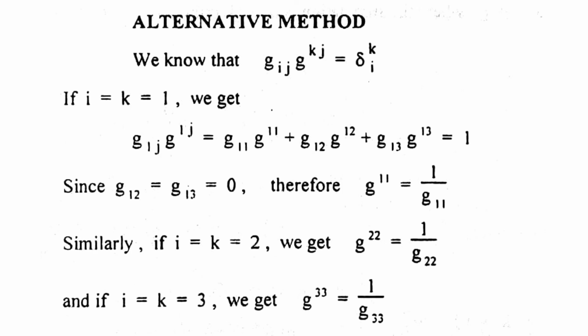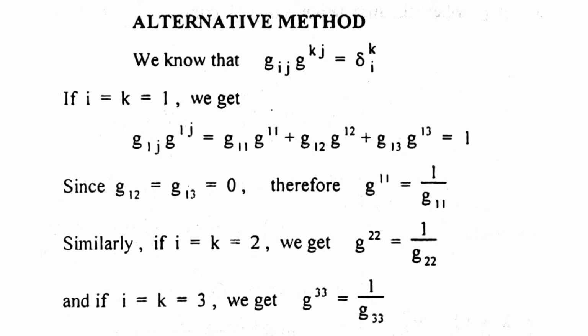So our first term becomes g^11 g11 plus g^12 g12 plus g^13 g13 equal to 1, and since g12 and g13 are 0, we have g^11 g11 equal to 1, so g^11 is equal to 1 over g11.